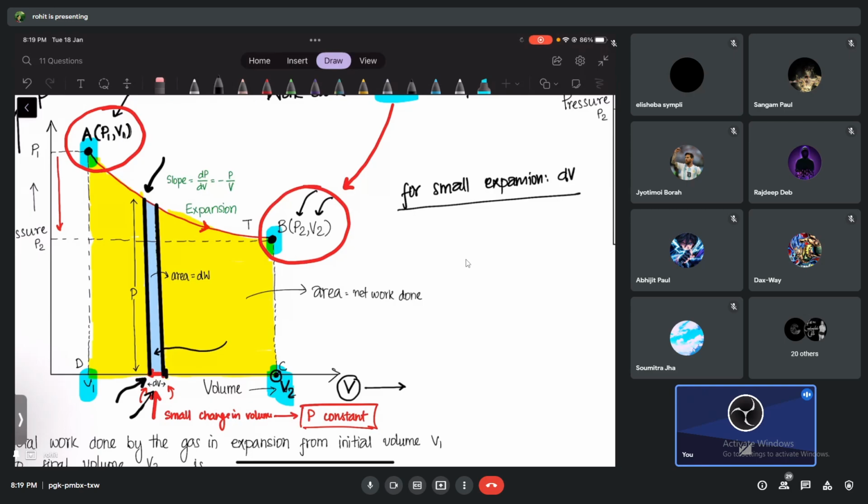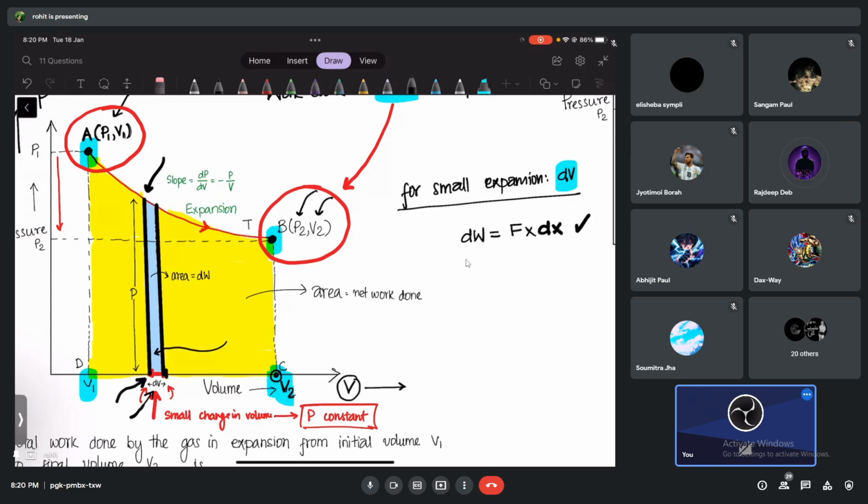Will I call it W or dW? dW, a very small amount of work done. The definition is force into displacement, and the displacement is very small, because it is a small expansion, so the displacement of the piston will be very small. So I'll call it not x, I'll call it dx.